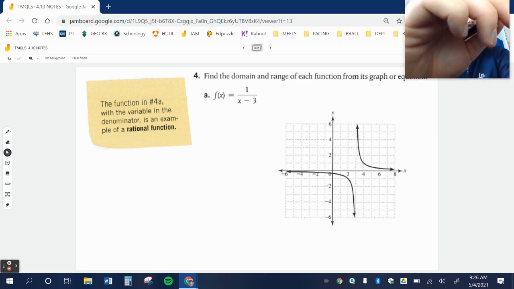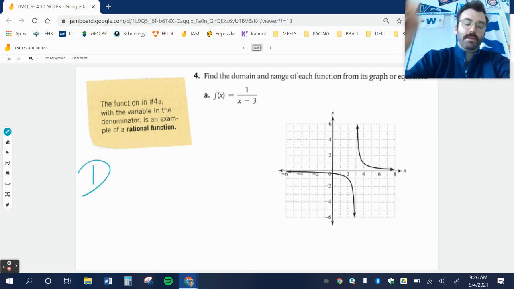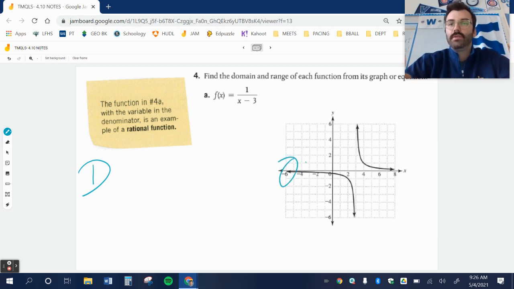So let's talk about our domain first. Remember, domain is all of our possible inputs. Well, if you look at this graph, your inputs, if I read it from left to right, this goes on forever here. And it looks like it hits this invisible asymptote here, and then our graph picks back up again and goes off to positive infinity.